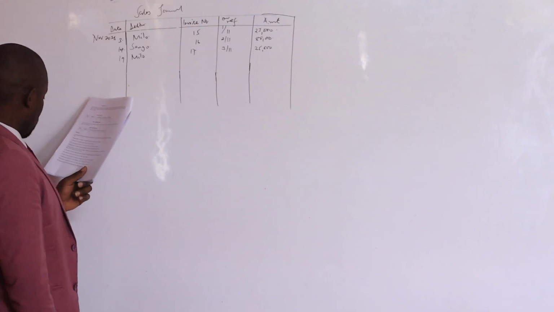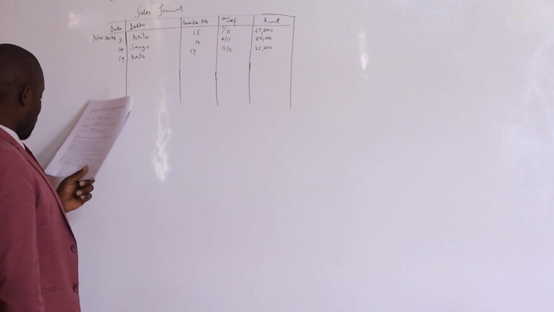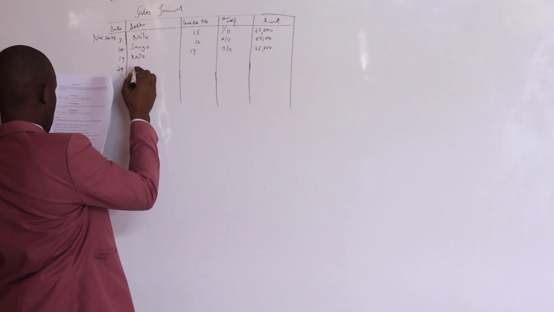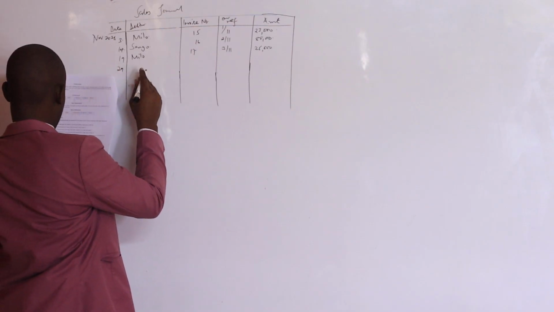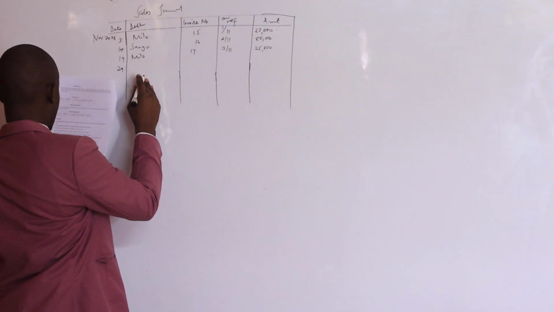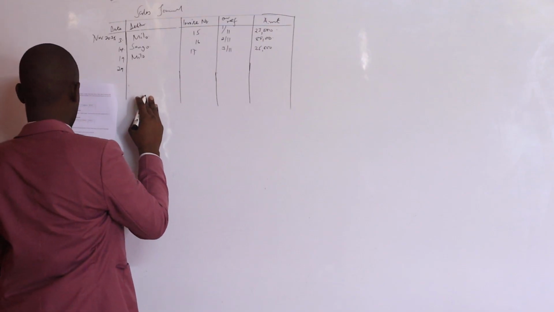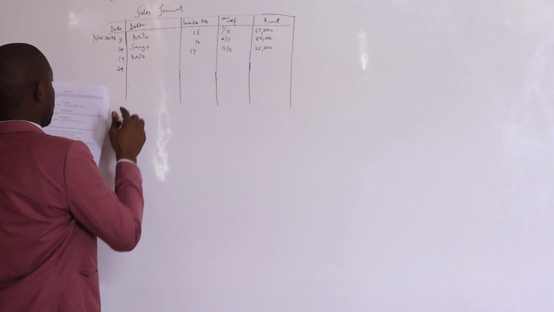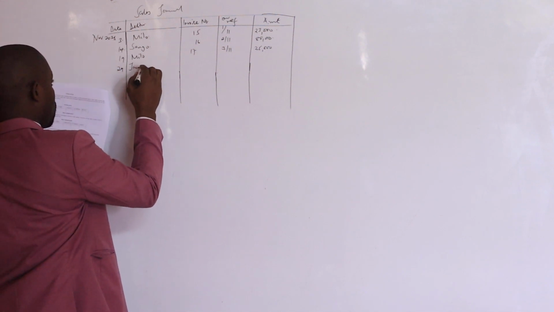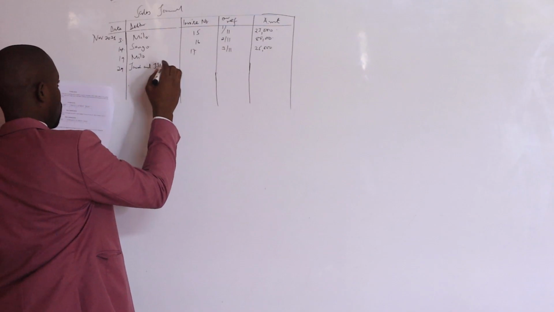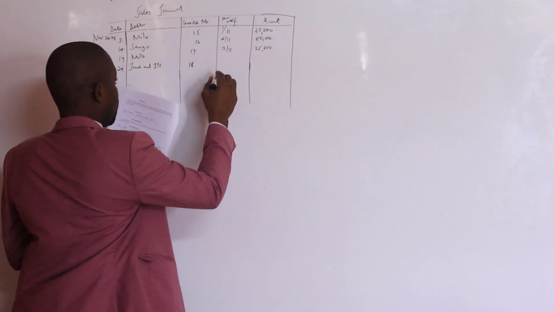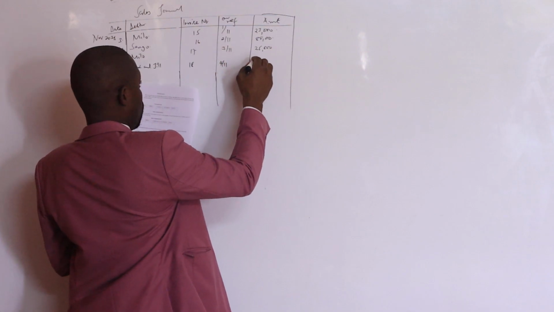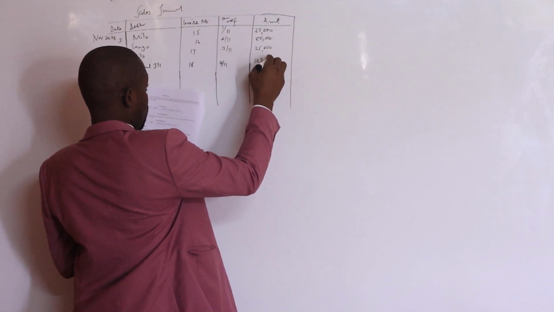Next is on the 29th and 30th. On the 29th, we sold goods to Jack and Jill. Invoice number 18, fourth in the month of November. The worth is 123,000.